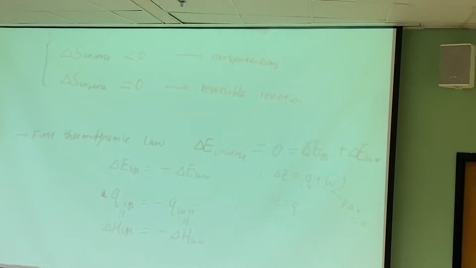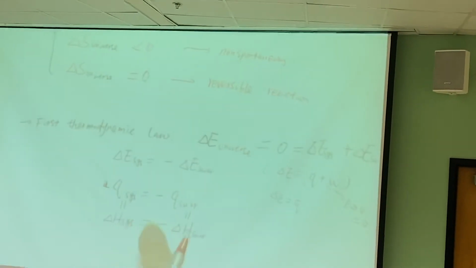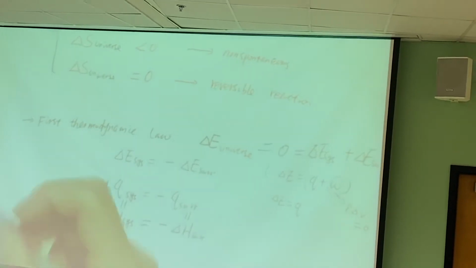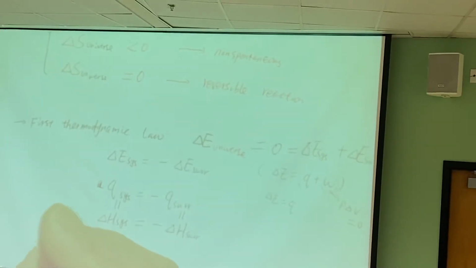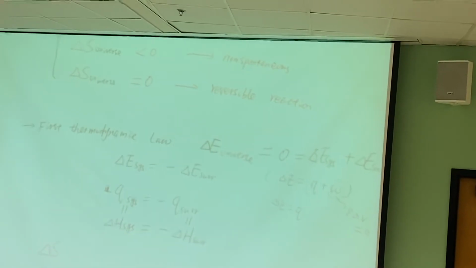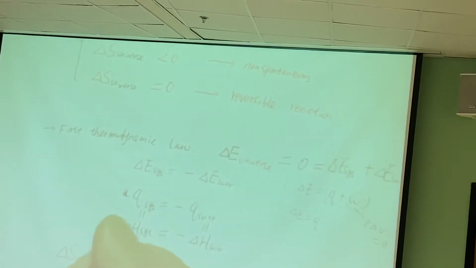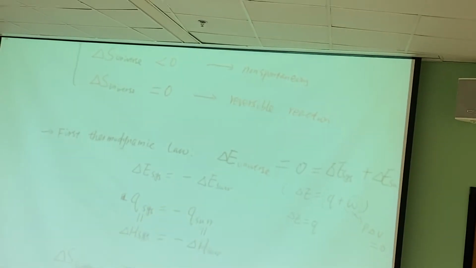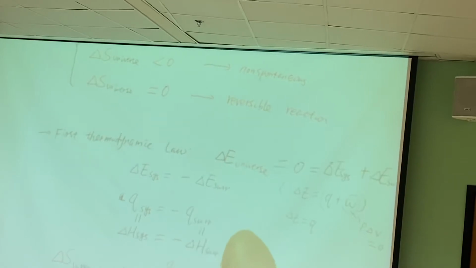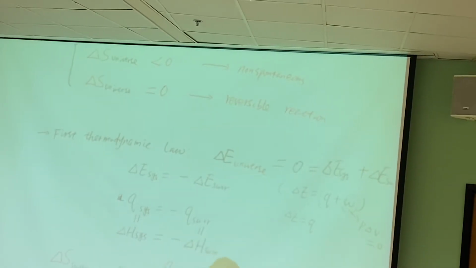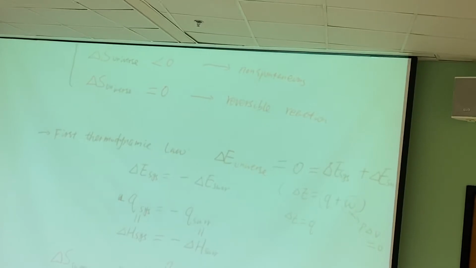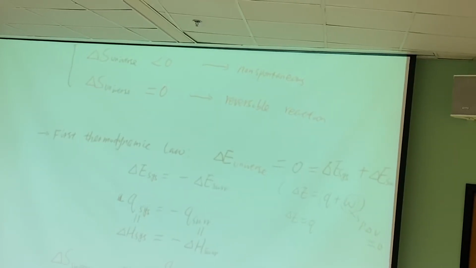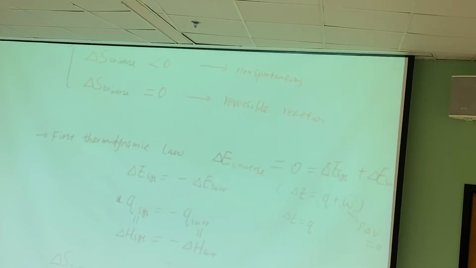Then we're going to define a relationship. This is defined: delta S surrounding equals Q surrounding over temperature. And this temperature must have the unit Kelvin.